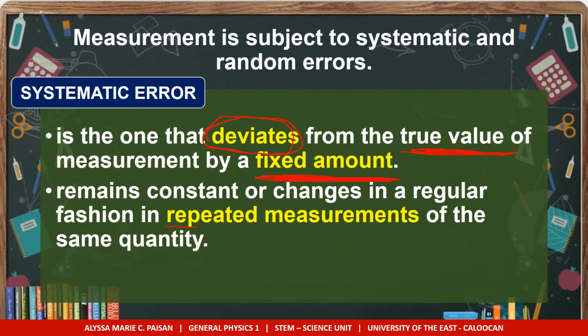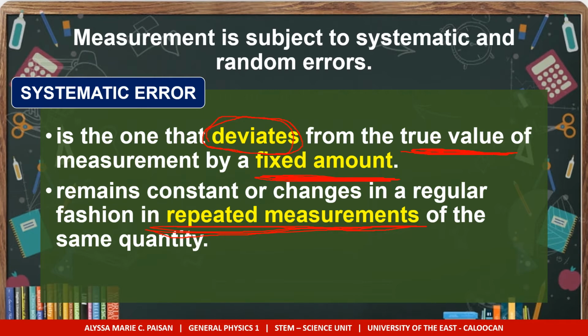So you will be able to identify a systematic error if the error is repeating as you repeat the measurements. Usually if you are able to measure something and you are comparing it with a true value, your goal is to keep measuring until you get a value that is very, very close to the true value.